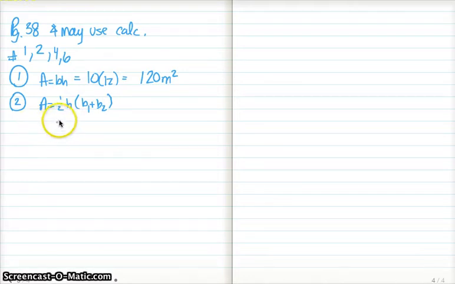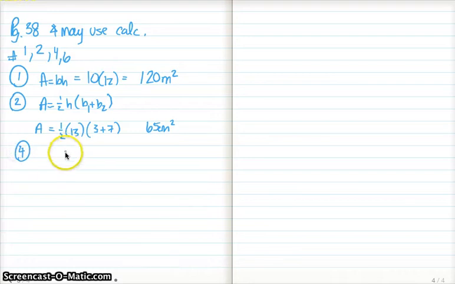So let's go ahead and do that. We have a height of 13, so I'll put the 13 in for h. We have two bases, 3 centimeters and 7 centimeters, and I know that I need to add the bases together. And again, we are looking for the area. When you multiply all of these, you will get 65 centimeters squared.